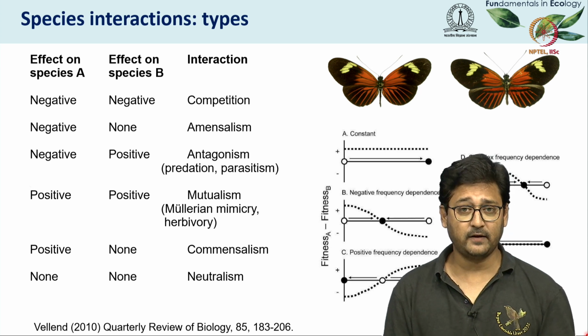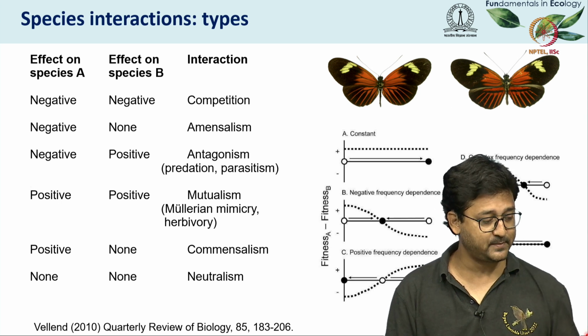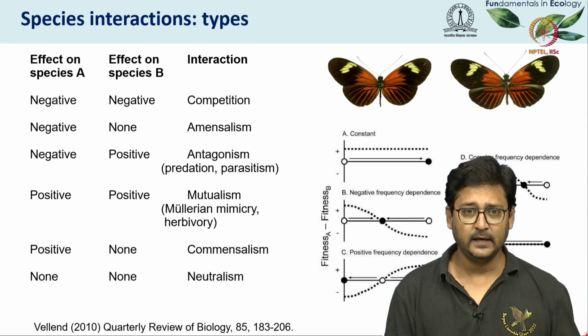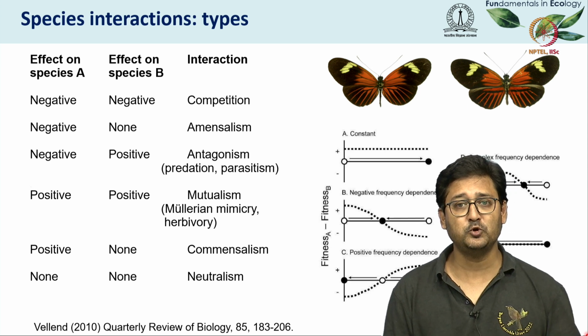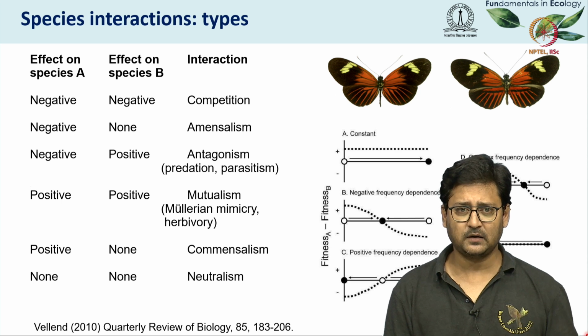Whereas there is a class of interactions where two species can have positive impacts on each other, right? So if species A has a positive impact on species B, and species B has a positive impact on species A, that kind of interaction is called a mutualism. Examples are Mullerian mimicry and sometimes herbivory.